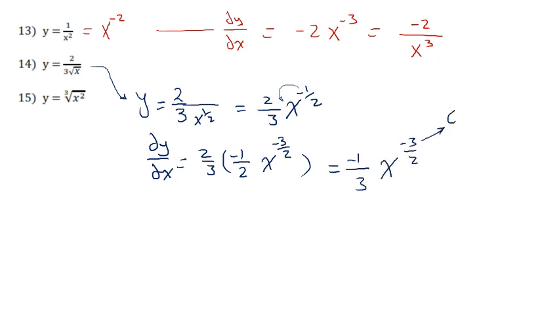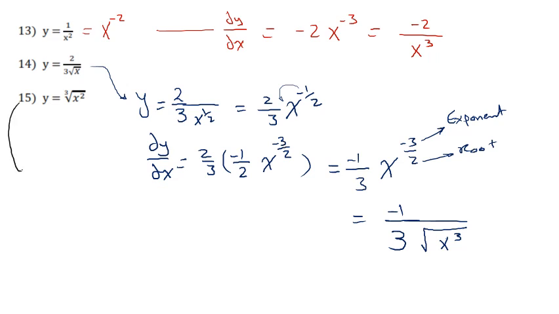This is the exponent and this is the root. So I can rewrite it as negative 1 over 3, the root of x to the power of 3 in the denominator. Notice that this is square root, not cube root, in simplest form.